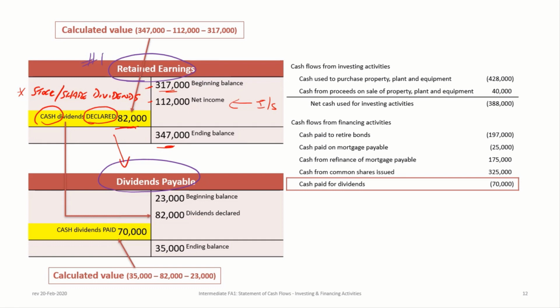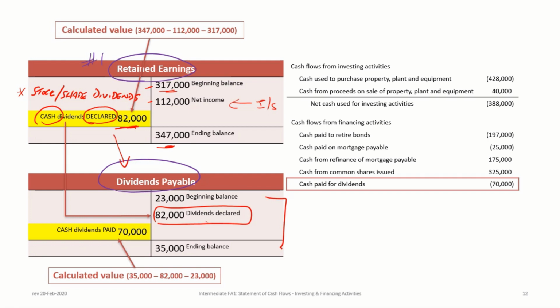And if you recall the journal entries to record this, and you can tell just by looking at it, if I debit my retained earnings, I must credit my dividends payable account. And so the $82,000 dividends declared shows up in here. Now I must reconcile out the dividend payable account the same. I have a $23,000 beginning balance.